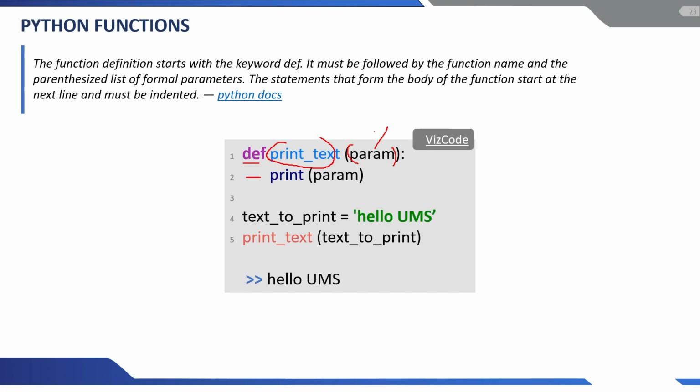In this case, if we invoke this function print text, it will feed this "hello UMS" inside here, and then the compiler will print the text or string, and this is what will be output on your screen.